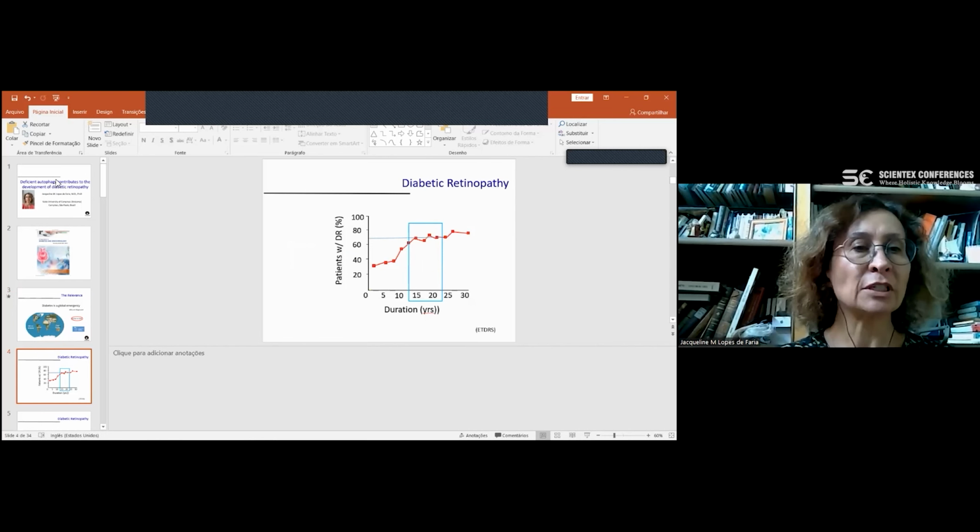Diabetic retinopathy is one of the chronic complications of diabetes. It reaches about 70% of people around 12 years of duration of diabetes, at different levels. Still, diabetic retinopathy is the major cause of irreversible blindness in the productive age, so it's a very devastating complication.